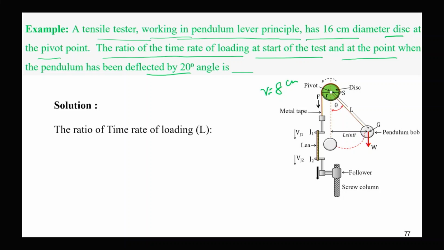The ratio of time rate of loading in the similar fashion, cos 0 by cos 20, the ratio will be 1.06. So from all these numericals we are trying to understand how the time rate of loading or machine rate of loading is changing, and which will basically be affecting the stress strain behavior of yarn.